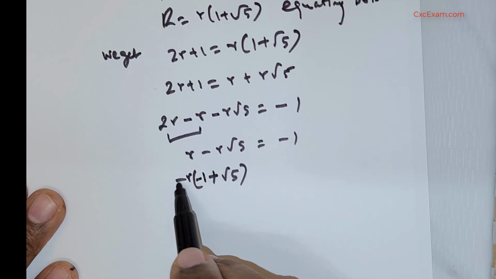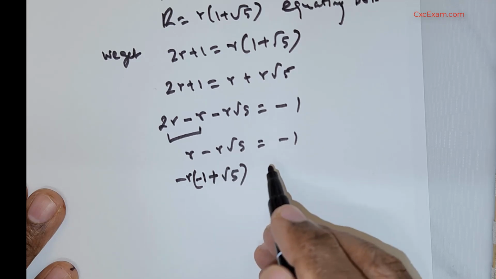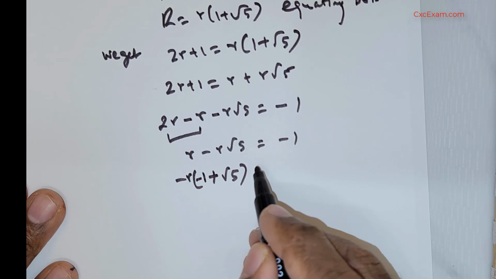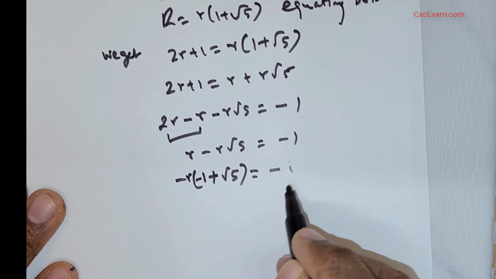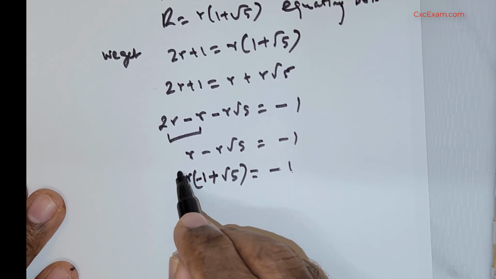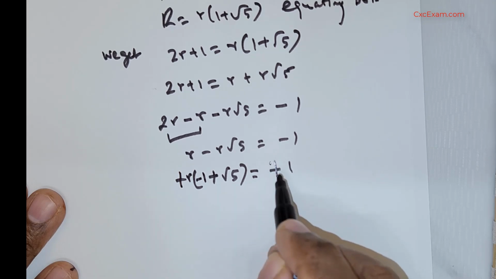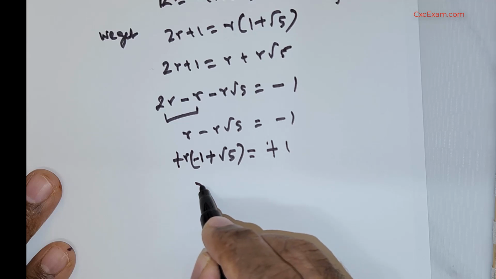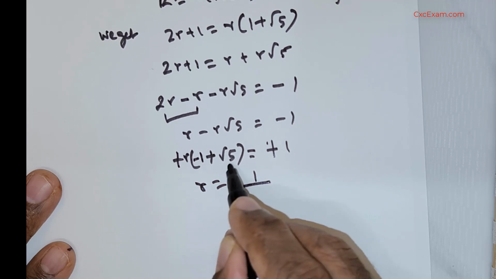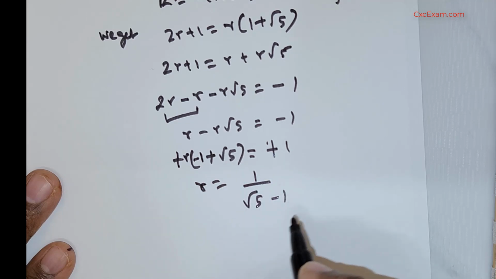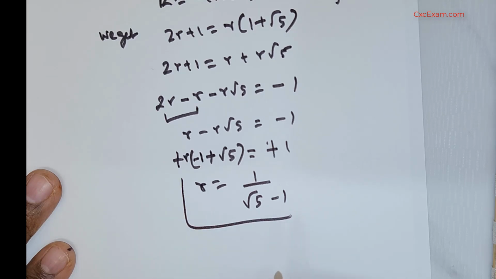Of course negative r multiplied with root 5 will give me r times root 5 with a negative sign. So this is good. Since we have negatives on the left and right, we can convert this into positive. So r is equal to 1 over, I can rewrite this as root of 5 minus 1. Okay, so this is the value for r.